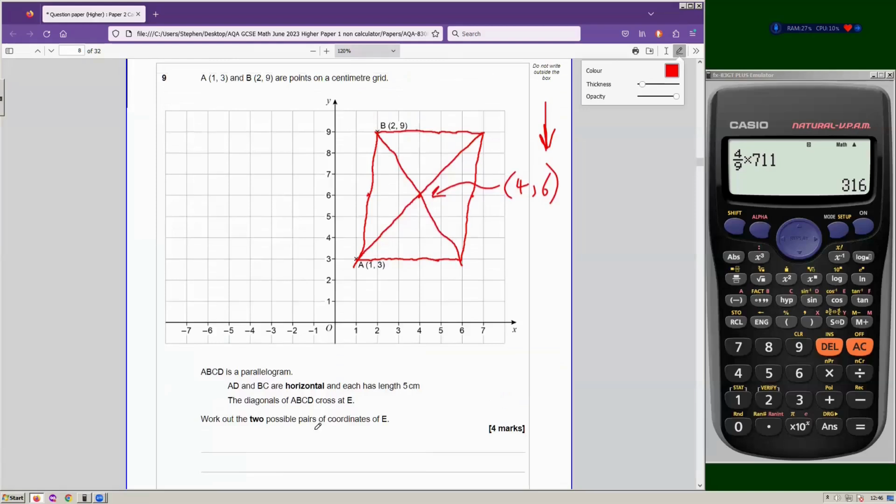Two possible pairs. Well, we could go this way as well. Again, the halfway point is here, between there is going to be here. Yes, that's right. And that point is -1, 6.